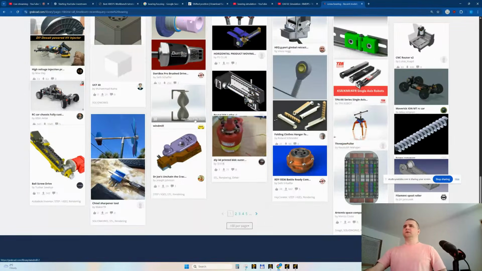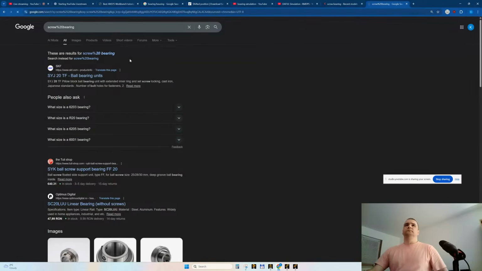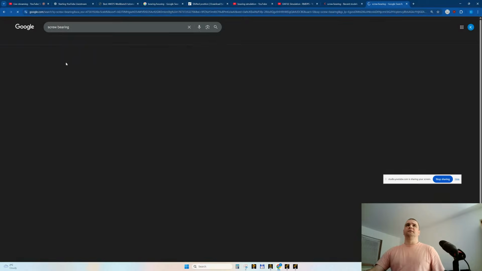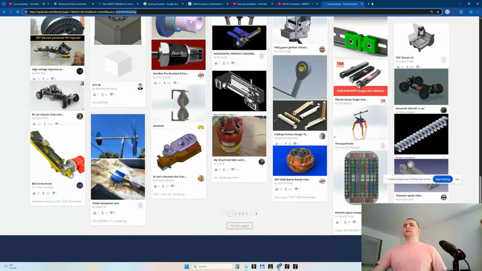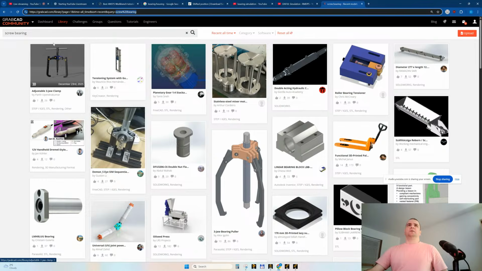No screw bearing for us? Or am I not writing it down correctly? Let's see. It's called ball screw, okay. Ball screw. This is a dream of mine to simulate in the future.